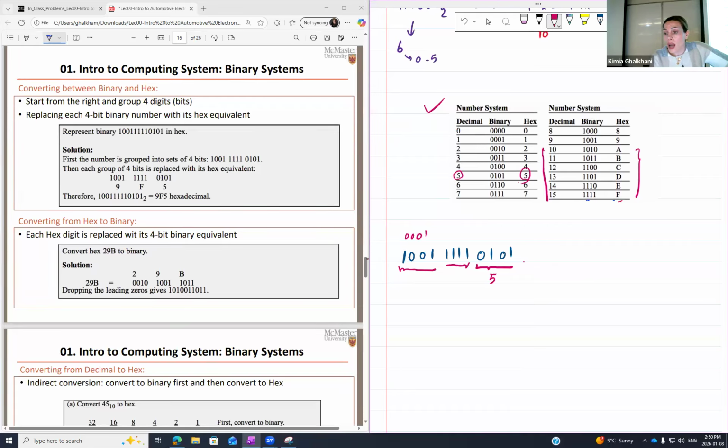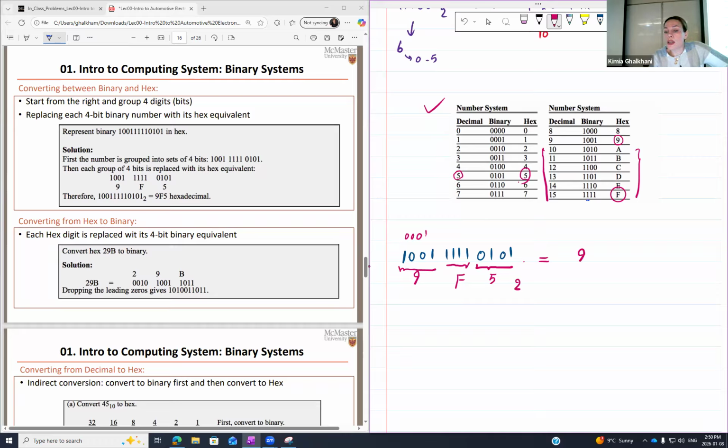1111, I'm looking for hex. The equivalent in hex is F. 1001, what's 1001? 9. This number is base 2. What would be the result in the hex base? 16.